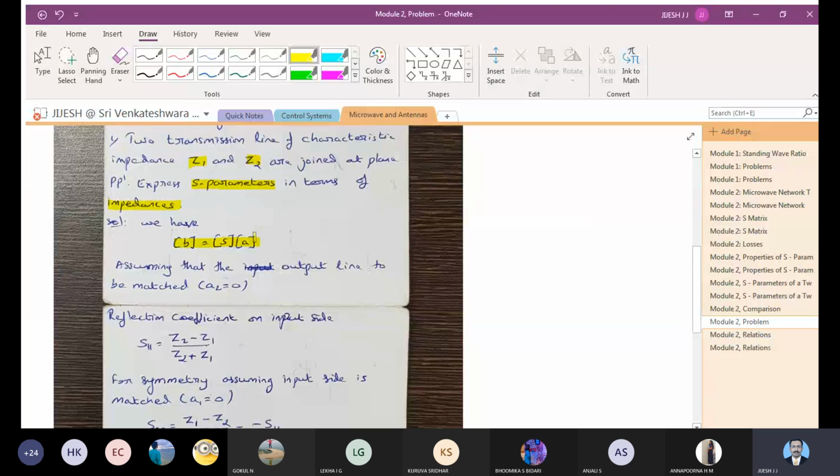This we have done before, in the section on losses. If you go back, you have taken A2 is equal to 0. So you get the reflection coefficient, the first parameter, denoted as S11. I will go back and show you where it is. Here we have studied all these things.